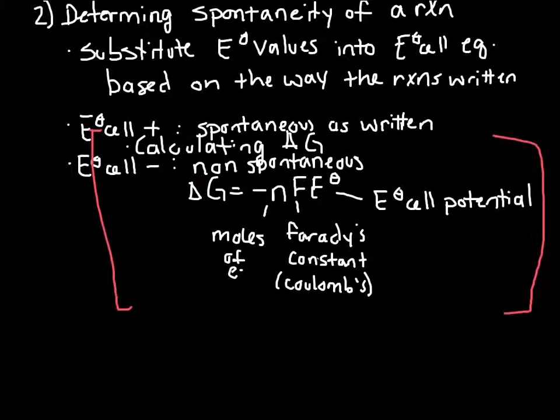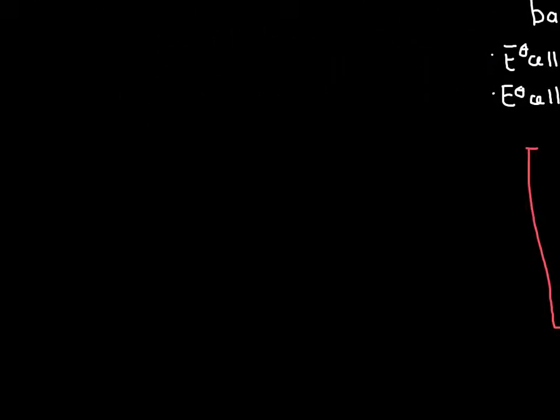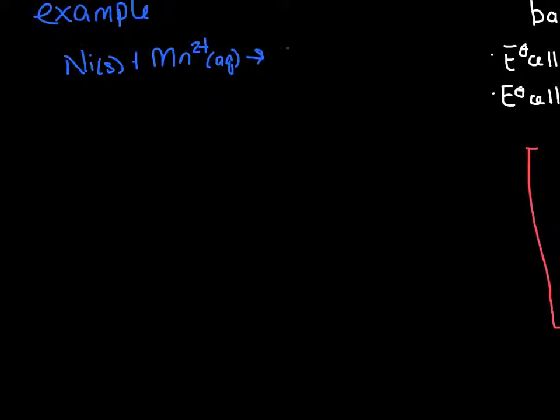Alright, so an example of how to do this. We are given a reaction where nickel solid reacts with manganese 2+ ion to form nickel 2+ ion and manganese solid.